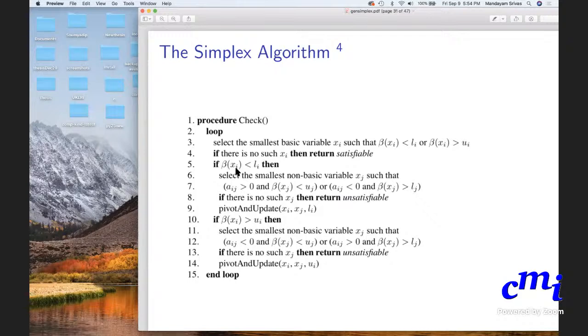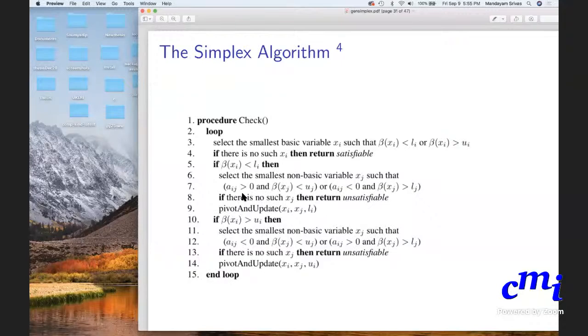For example, if the basic variable chosen violates its lower bound, it's less than its lower bound, then you will have to select the smallest among the non-basic variables in the set N such that it has the required slack to adjust its value so that the value of xi can be increased to li.